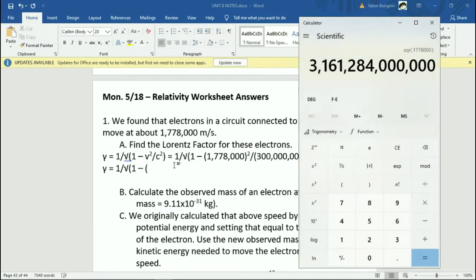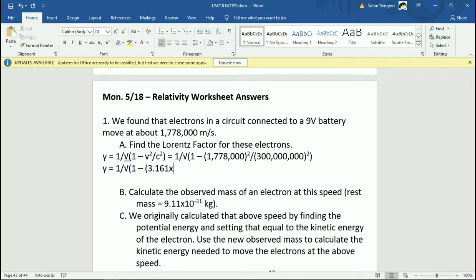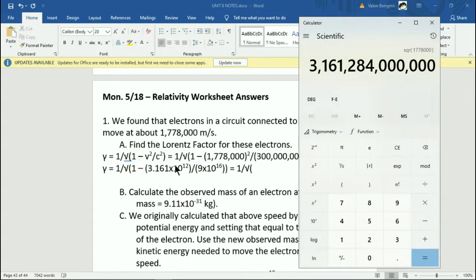And then the speed of light squared is 9 times 10 to the 16, so that's divided by that.